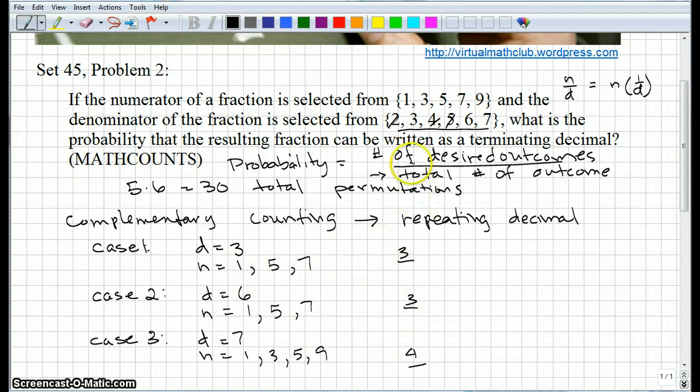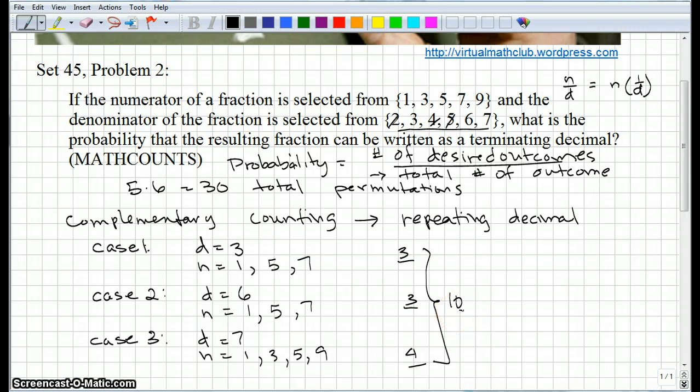We know we're going to get terminating decimals when we have a denominator of 2, 4, or 5, and 3 is going to give us a repeating decimal in 3 cases, 6 is going to give us a repeating decimal in 3 cases, and 7 is going to give us a repeating decimal in 4 cases. So we have a total of 10 cases that give us a repeating decimal.